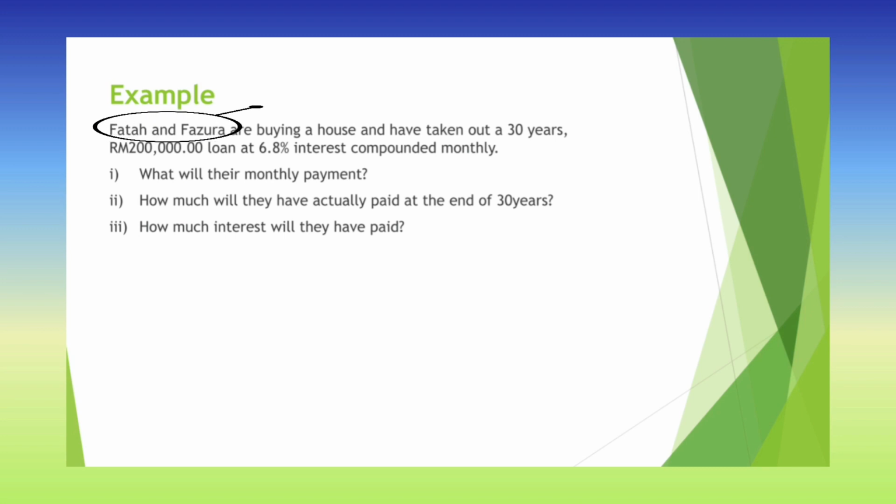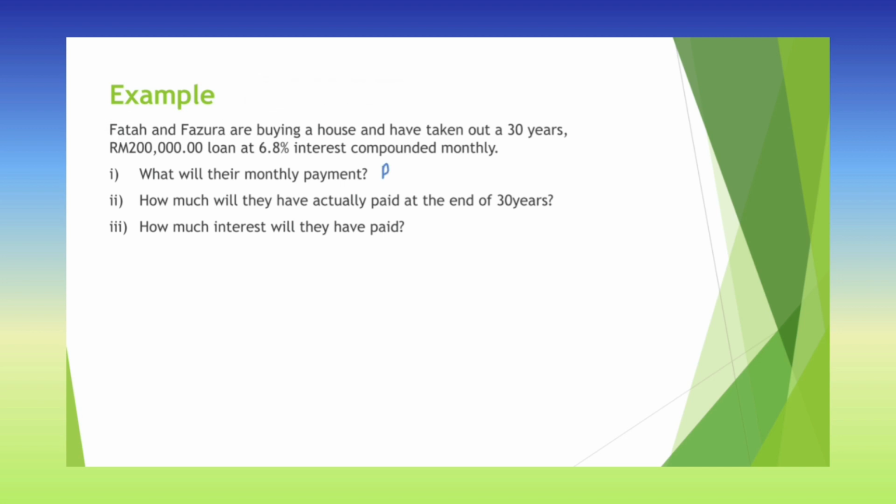Next question. Fatah and Fazura are buying a house and have taken out a 30 years RM200,000 loan at 6.8% interest compounded monthly. For question 1, what will their monthly payment?